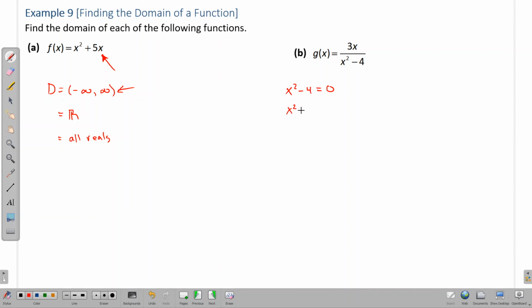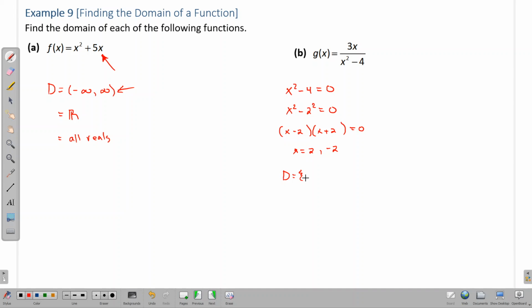This is really x squared minus 2 squared, which hopefully we remember has a special factoring property. This is x minus 2 times x plus 2. So then using the zero product property, we see the two solutions are 2 and negative 2. These cause bad behavior. When you plug those into the original, you get division by 0, so they must be excluded from the domain.